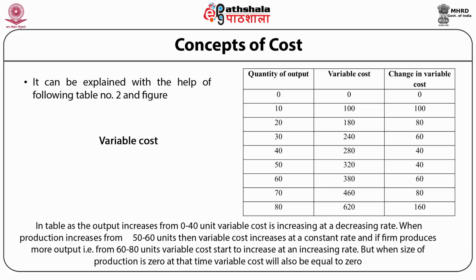So, it is clear from the table that if the firm goes on increasing production, first variable cost increases at a decreasing rate, then it becomes constant and then it increases at an increasing rate.